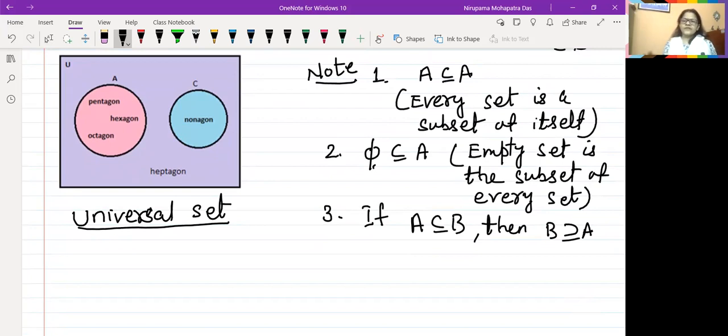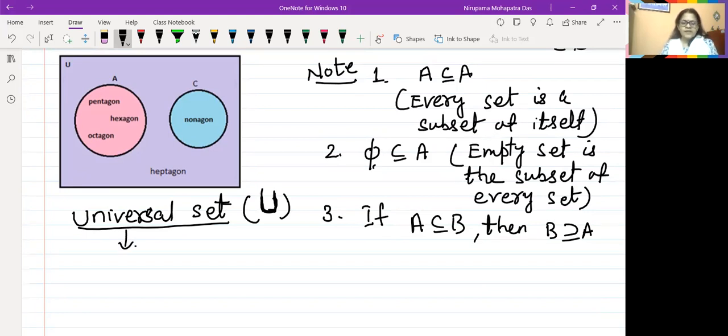It contains all of us, right? So from universe, you can say universal set. Just to relate. So universal set means it is the bigger set. You can say it is the superset of all the sets. We denote it by U. Universal set is denoted by U.